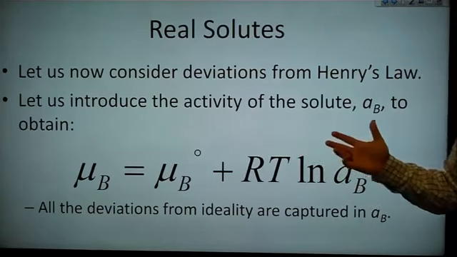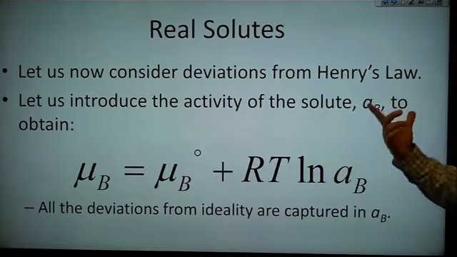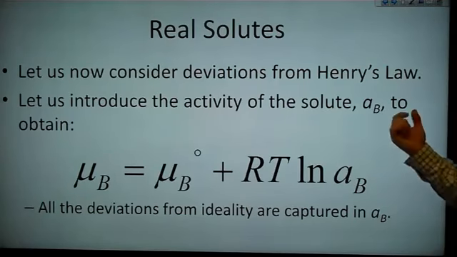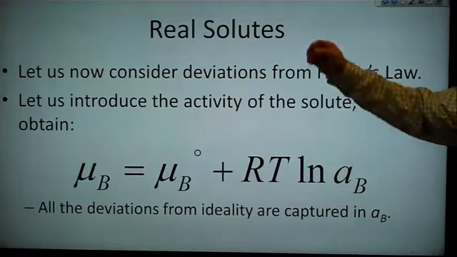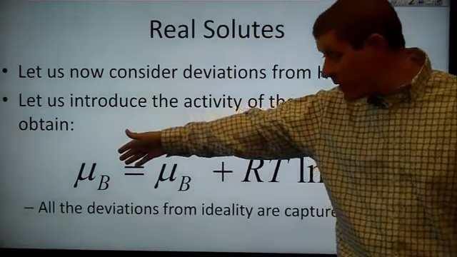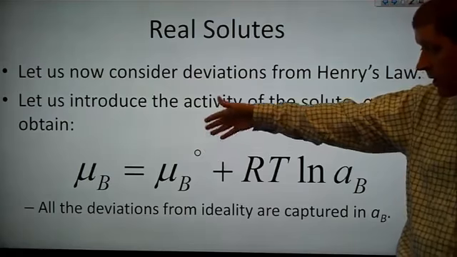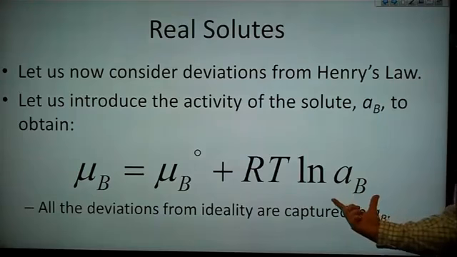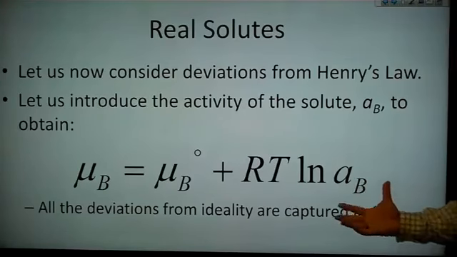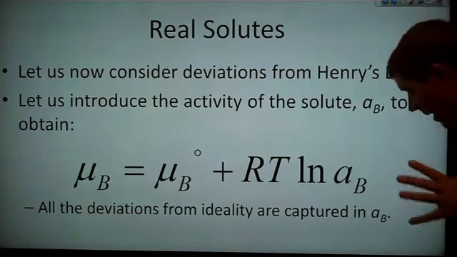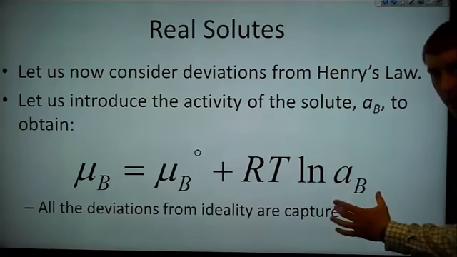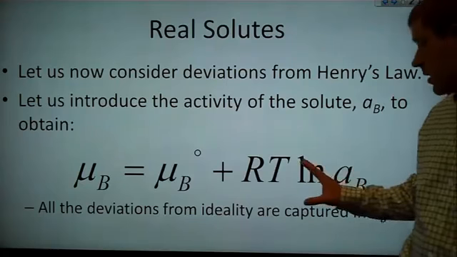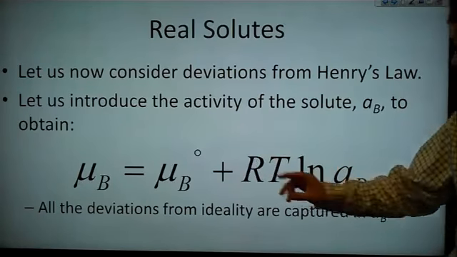So, now let's consider deviations from Henry's law. If our solute doesn't obey Henry's law, let's introduce the activity of our solute. So this is aB. And now the chemical potential of B is equal to the chemical potential of B naught plus R times T times the natural log of the activity of B. And this means that all of our deviations from ideality are wrapped up in this activity of B term, and everything else is not a deviation from ideality at all.